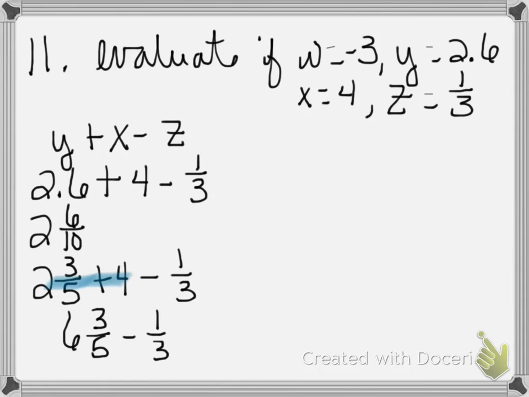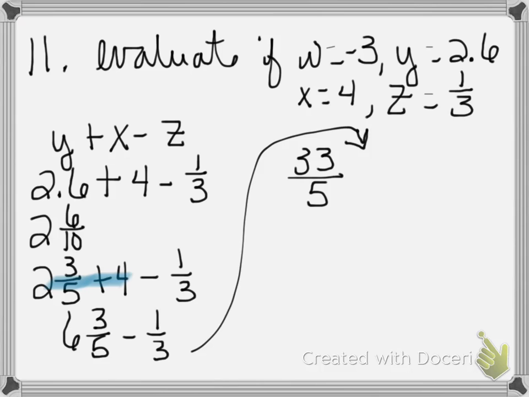minus 1/3. Now, yes, you could put it in a common denominator and then subtract, but I know that when I do that, I am going to be borrowing. So the easiest route is to turn it into an improper fraction first, then get a common denominator. So I'm going to turn that into 33 over 5. And the way to do that, you multiply 5 times 6 is 30. Add the numerator. That's 33 over 5 minus 1/3. I'm going to get a common denominator of 15.